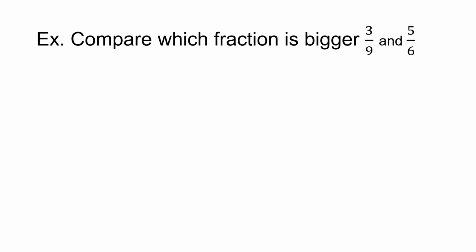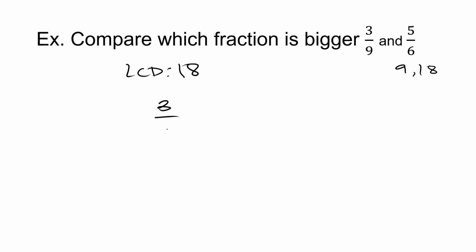Now let's try 3/9 and 5/6. So again, find the LCD. Here's 9. Does 6 go to 9? Nope. 18. Does 6 go to 18? Yes. So your LCD is 18. Now convert.